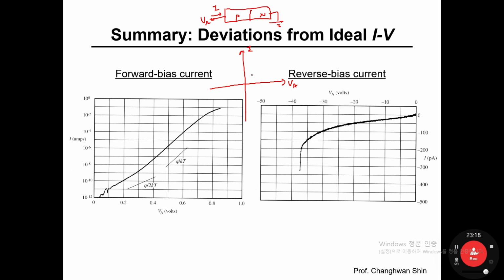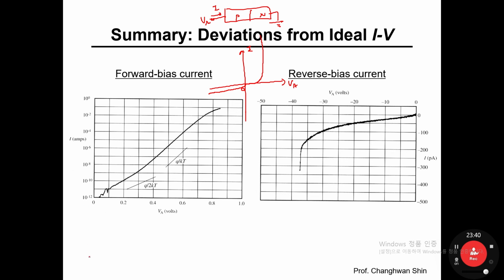Okay, so in the forward bias regime, the ideal diode current would be exponentially increasing, and in the reverse bias regime, a very tiny amount of saturated current would be flowing, regardless of the magnitude of the reverse bias voltage.